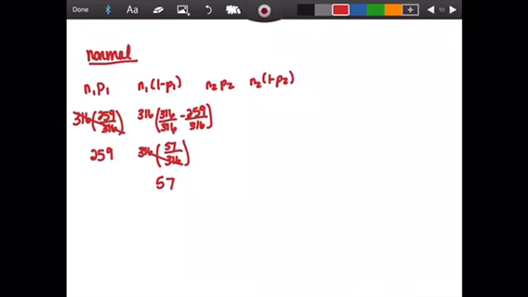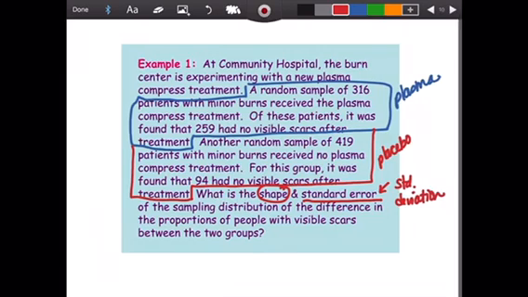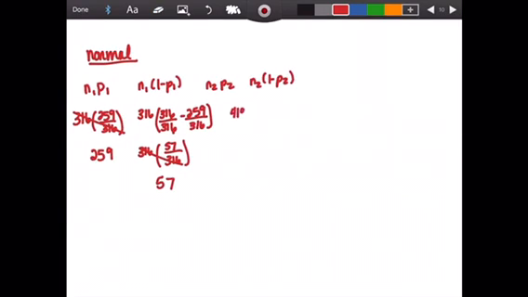So we have 57. Sample size 2 was 419 and 94 had no visible scars. So that's 94 out of 419, which comes out to 94. n2 was 419. 1 minus p2, well, that would simply be 325 over 419.